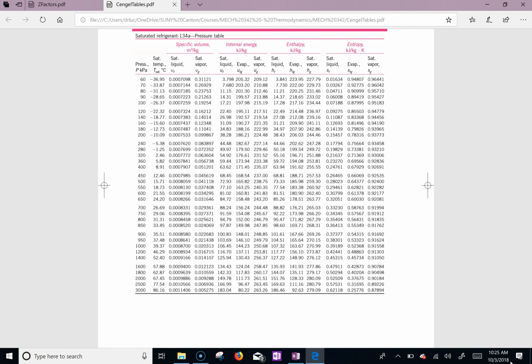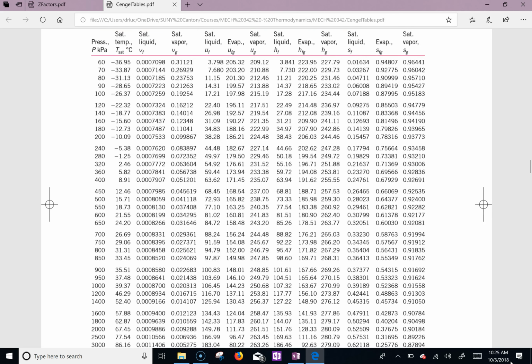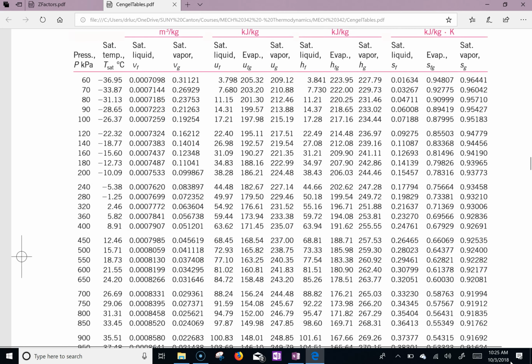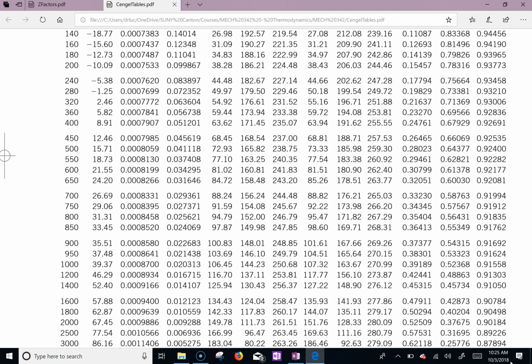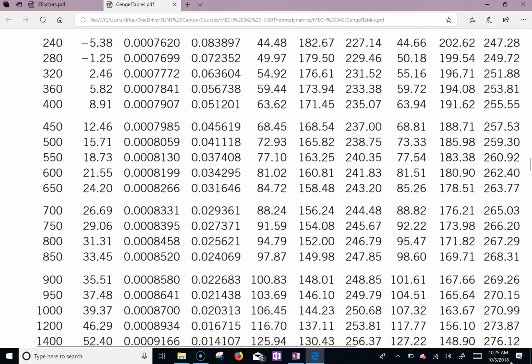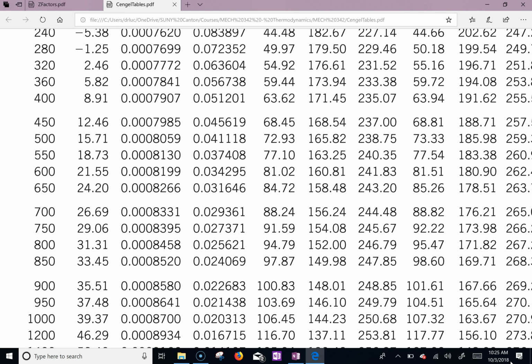And it was 850. So 850 is right here. The second column over is your temperatures.